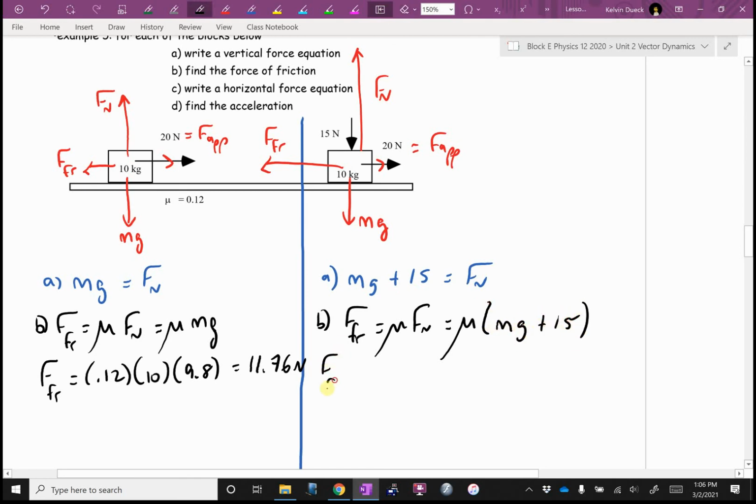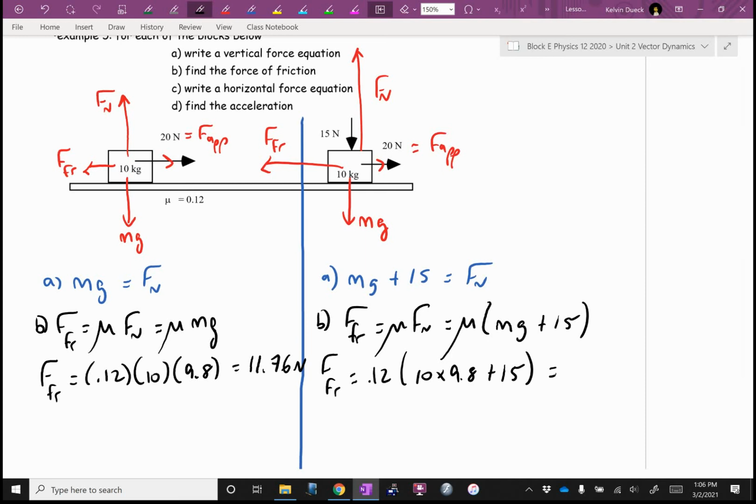So friction is going to be 0.12 times (10 times 9.8 plus 15). Do that one in your head, Mr. Duke. Well, maybe. 10 times 9.8 is 98 plus 15 is 113 times 0.12. It's going to be 11.3 plus 2.26, 13.56.